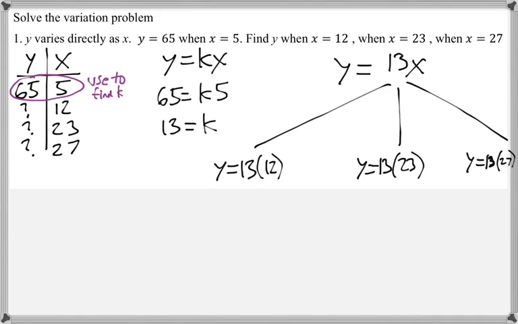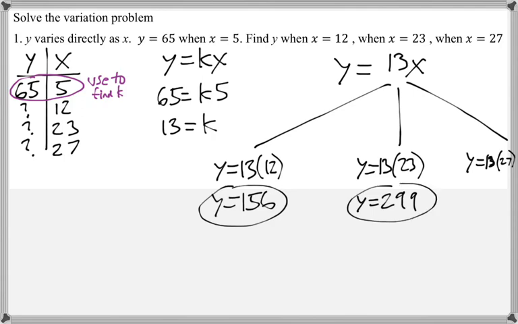So this will be 156 when x is equal to 12, 299 when it's equal to 23, and 351 when it's equal to 27.